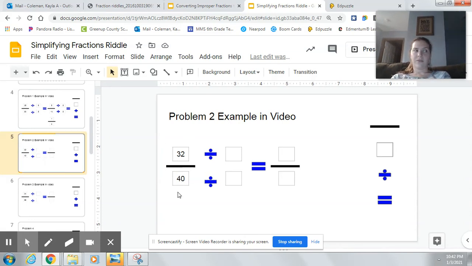So what can we divide 32 and 40 by? So a couple of common factors, you can divide them both by 2 because they're both even. You can also divide them both by 4. You can also divide them both by 8. So since 8, off the top of my head, is the largest one that we have in common, I'm going to go ahead and divide both of those by 8.